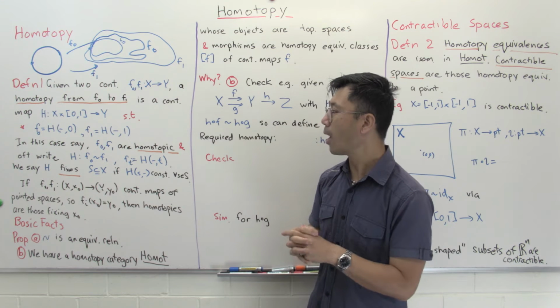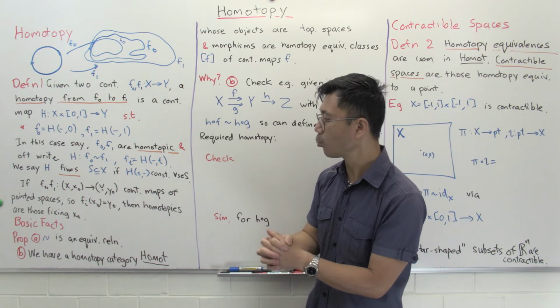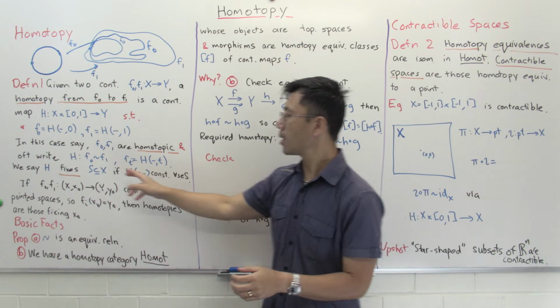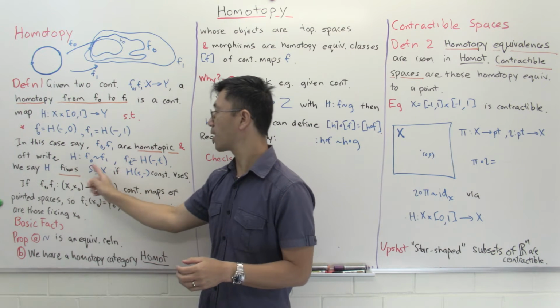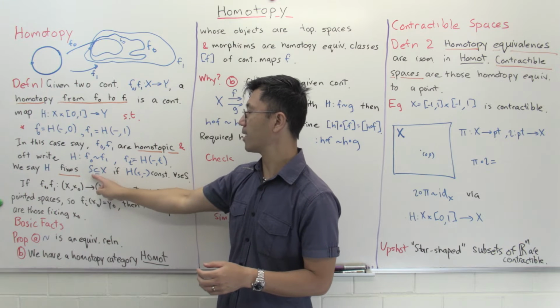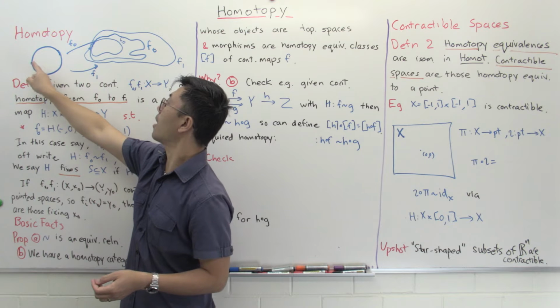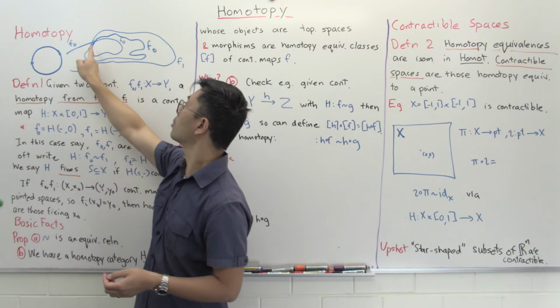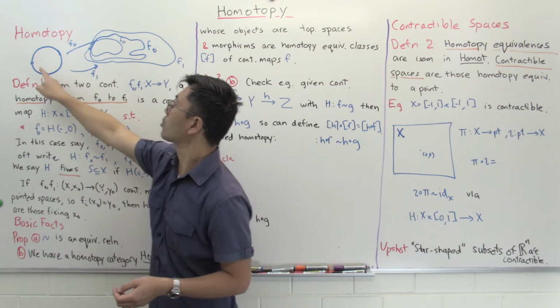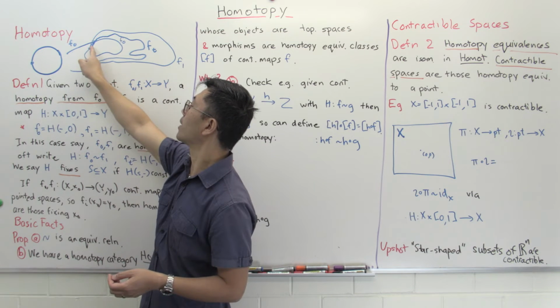A little bit more terminology: sometimes we want this homotopy to fix a certain subset S of X. Suppose you have a point here, and f0 maps this point to this one here, and f1 also maps this point to this one here.